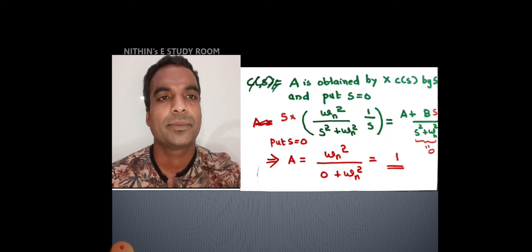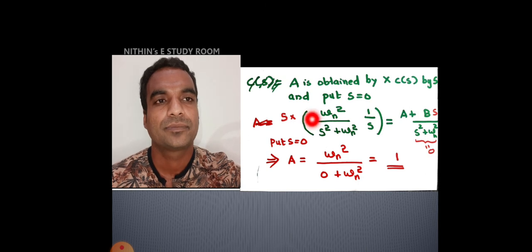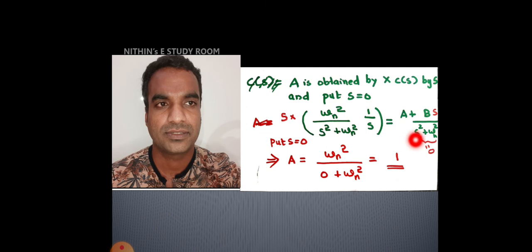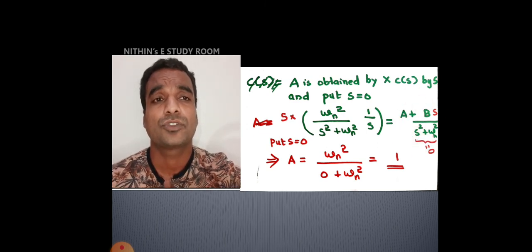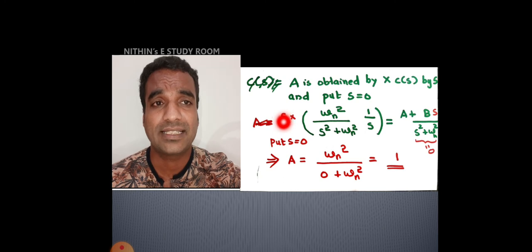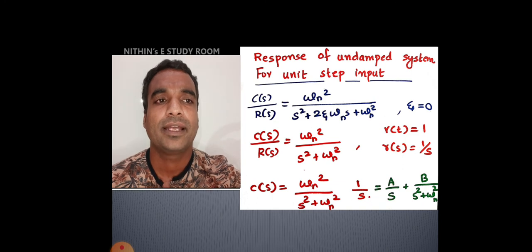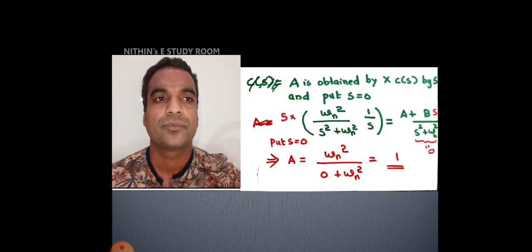You are cross multiplying both LHS and RHS with s. So this s and this s will get cancelled, and here s into a by s will become a, and this will become bs by s square plus omega n square.